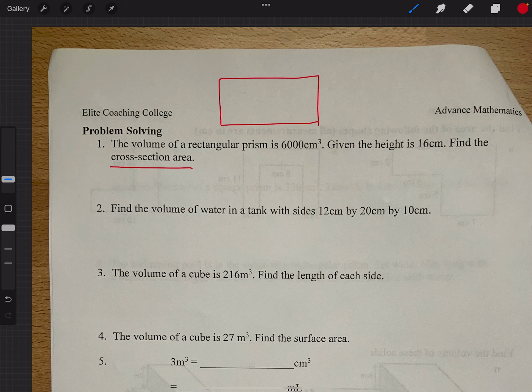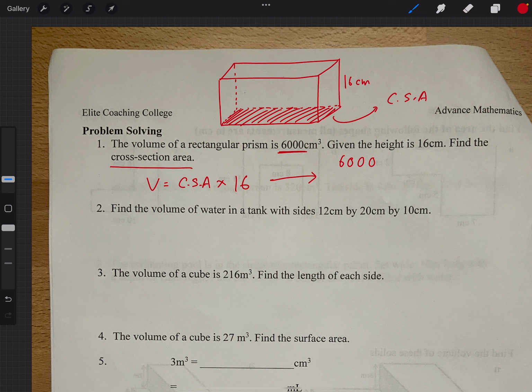They gave us the volume, which is 6,000. So 6,000 centimeters cubed is equal to cross-section area times 16. We want to find out what this number is: something times 16 is 6,000.